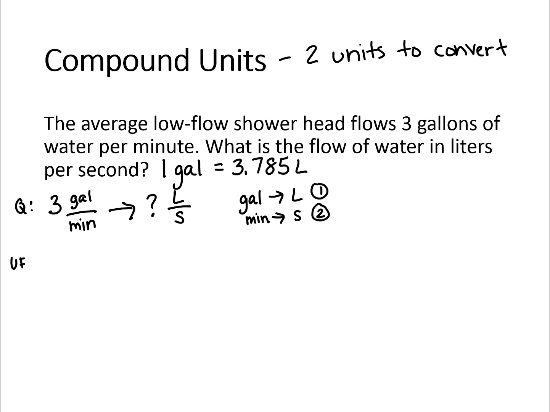For our first unit equation, we're going to handle the gallons to liters. Now, I already gave you that unit equation because it's a conversion that you would have to look up. You can't get that from a chart, or at least from the chart that I gave you. So that part's already done. 1 gallon is equal to 3.785 liters. Now we write out our unit factors.